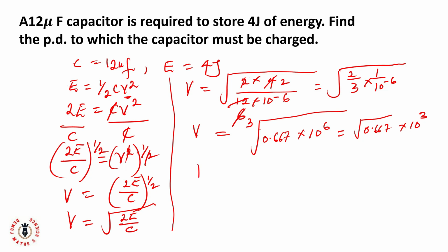So V is equal to the square root of 0.667, for my calculator is the same thing as 0.816, now times 10 raised to power 3 volts. So the potential difference required is 0.816 times 10 raised to power 3, which is the same thing as 816 volts.